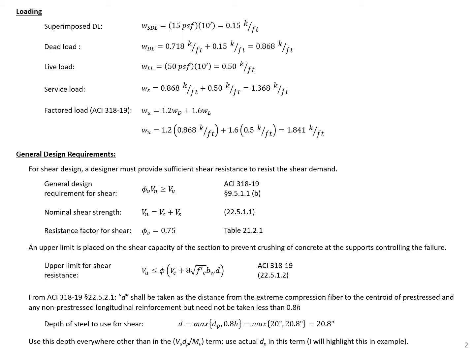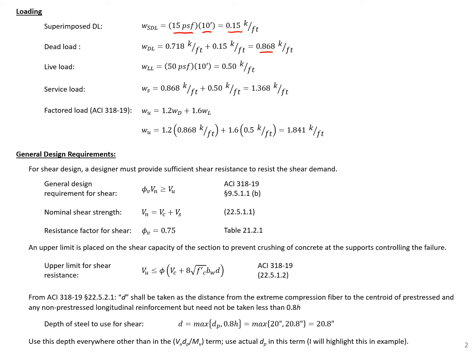We need to take our pressure loads and turn them into distributed loads, and to do that we'll take the 15 pounds per square foot times the 10-foot width, which is the top flange width of our double T section, to get a distributed load here of 0.15 kips per foot, and that's for our superimposed dead load. We can then add that to the self weight of our beam to get the total dead load on the beam.